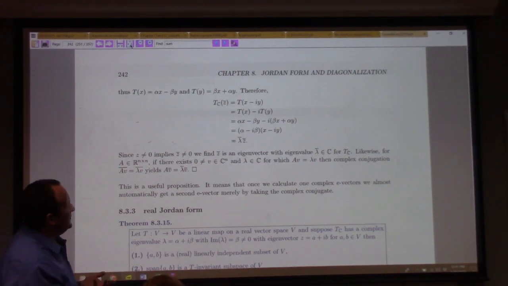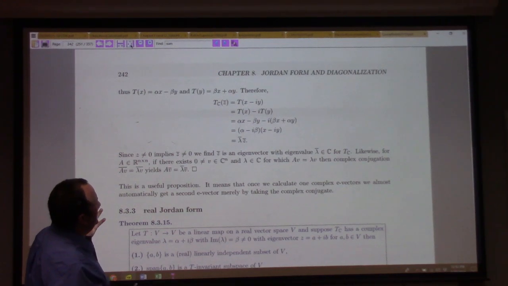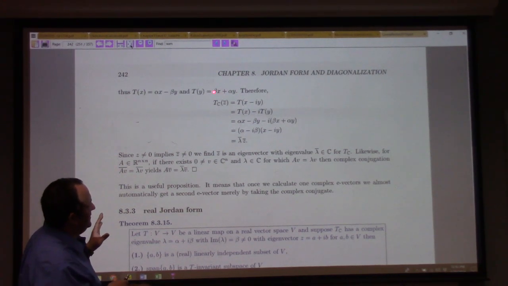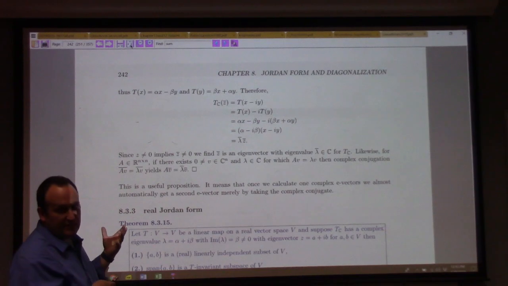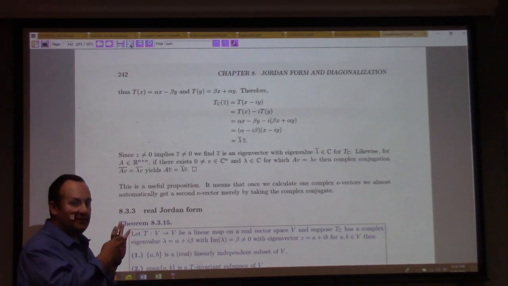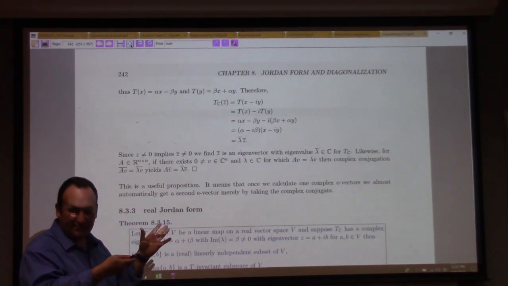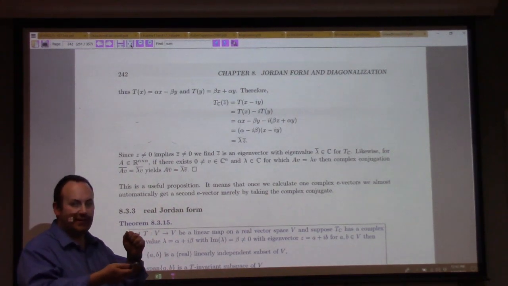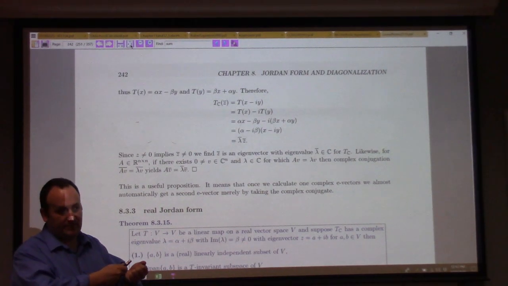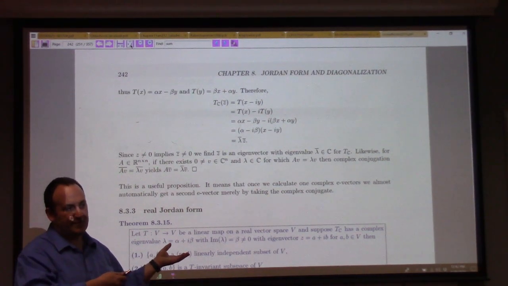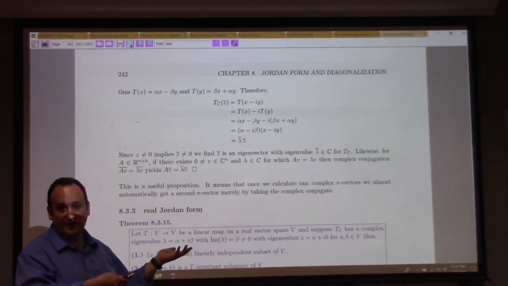Another thing that's worth mentioning is if we're looking at the complexification of a real transformation and we find an eigenvector z, then the complex conjugate of that eigenvector, which for us, if we take a plus ib and convert it to a minus ib, guess what?